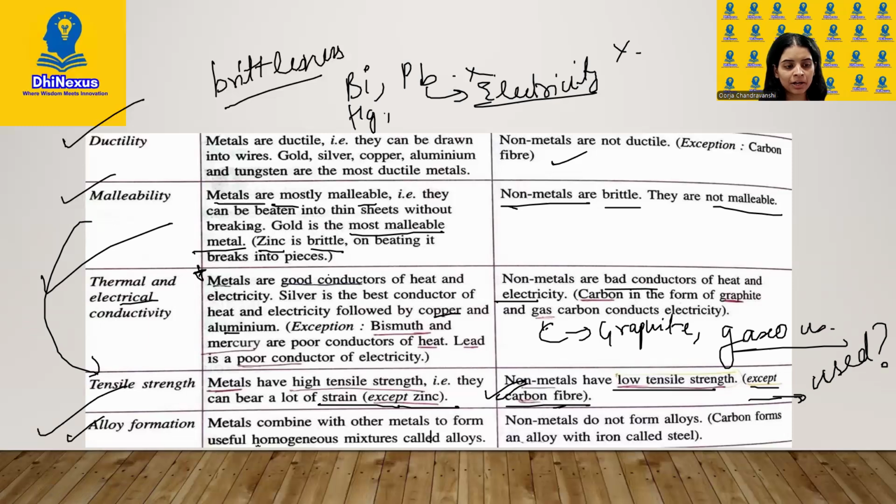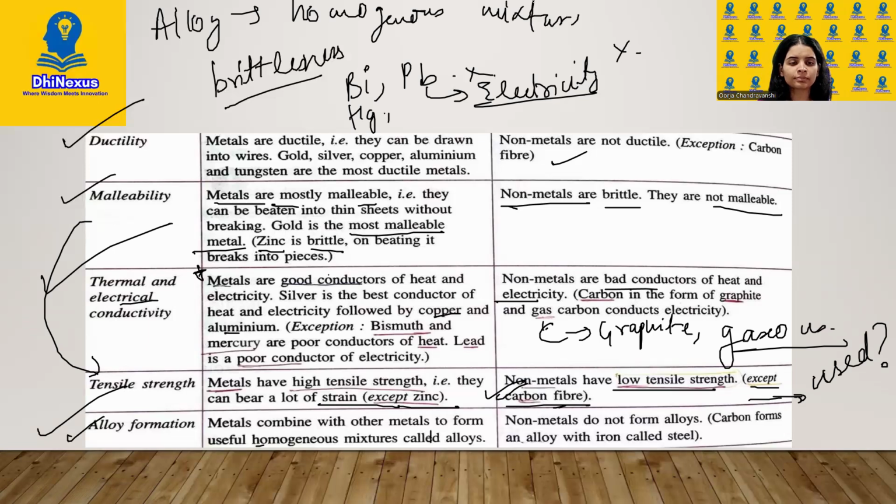So these alloys are actually homogeneous mixtures. And non-metals do not form alloys. Carbon forms an alloy with iron, however, forming something called steel, which is extensively used by all of us.